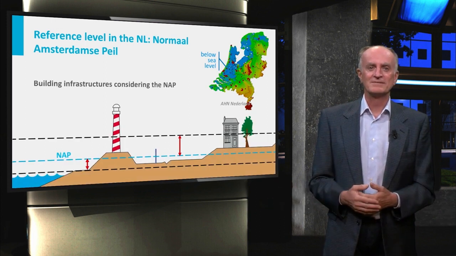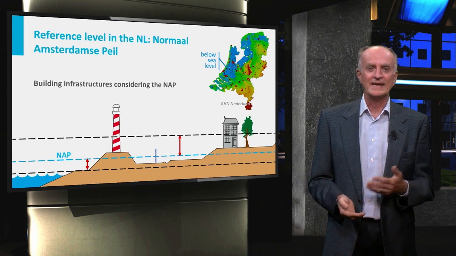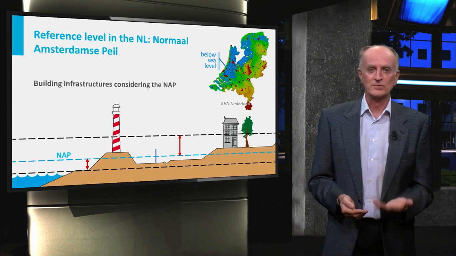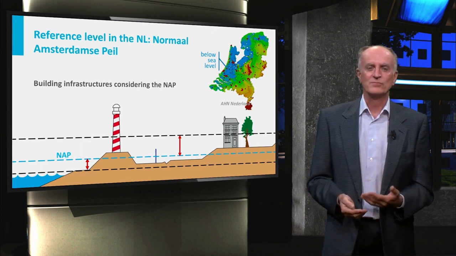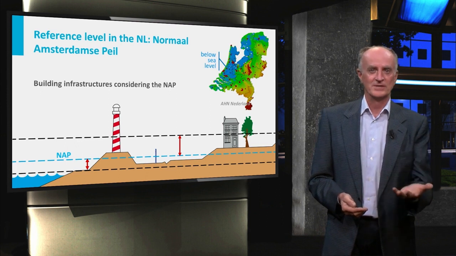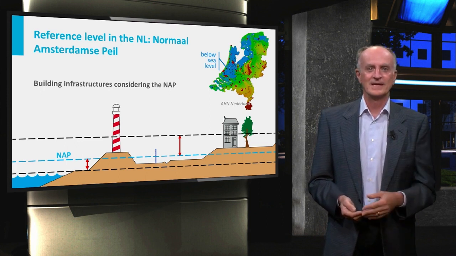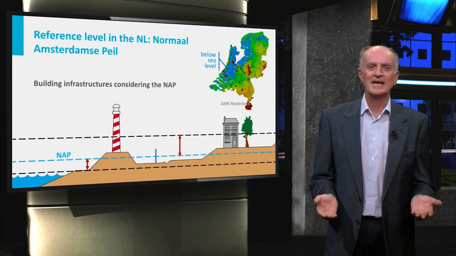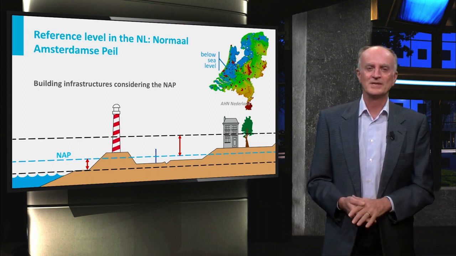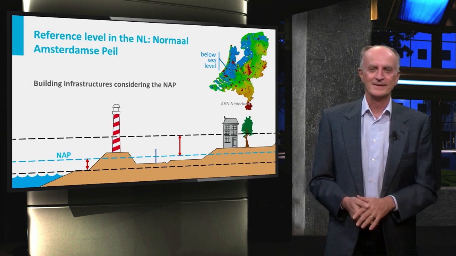Here, engineers have defined a reference level called NAP, and this is of crucial importance to predict if water will flow, for instance, towards or out of the polders. A very precise definition of the NAP is key to keep our feet dry.